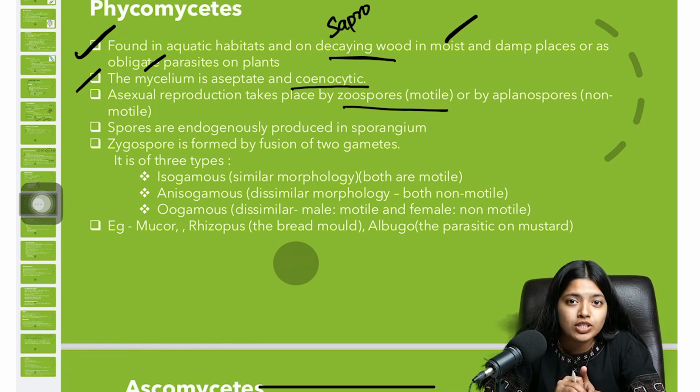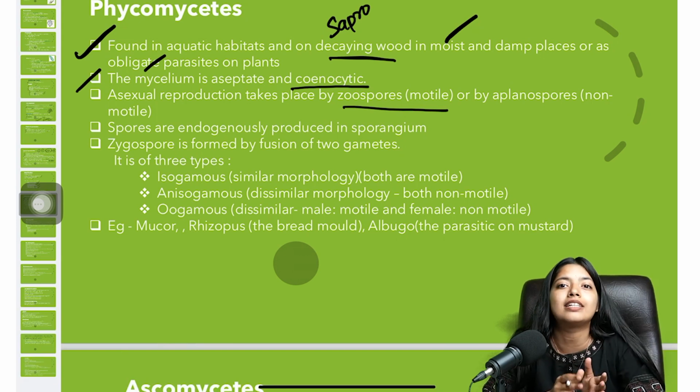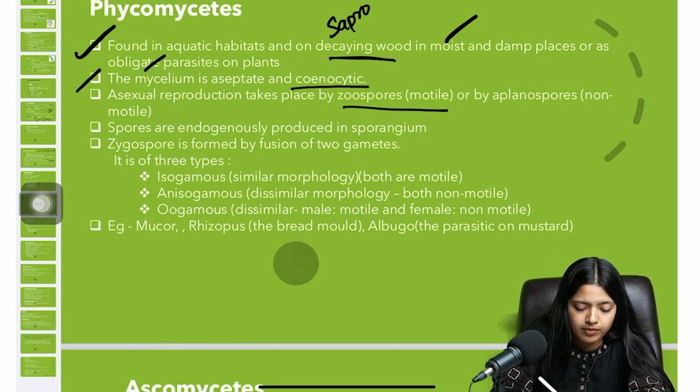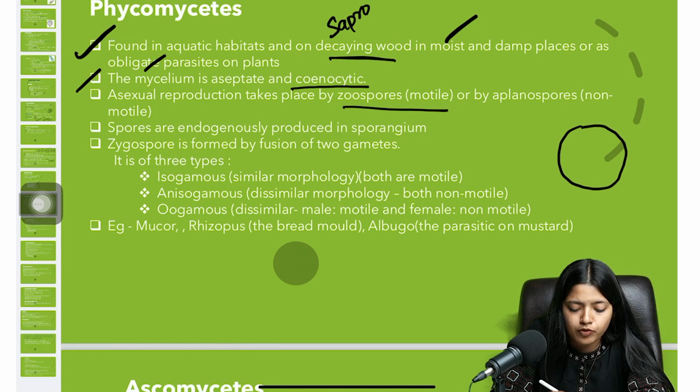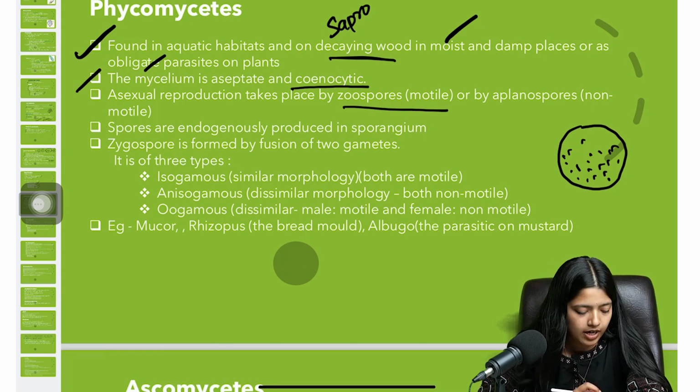What is endogenous? Inside their body the spores are formed. It's not outside, not exposed. So spores are formed endogenously inside the sporangium. For example, if this is the fruiting body, the spores are present inside the fruiting body. That is endogenous.